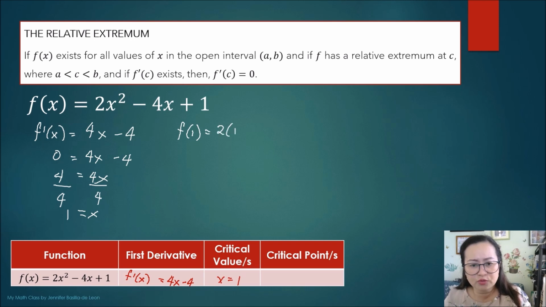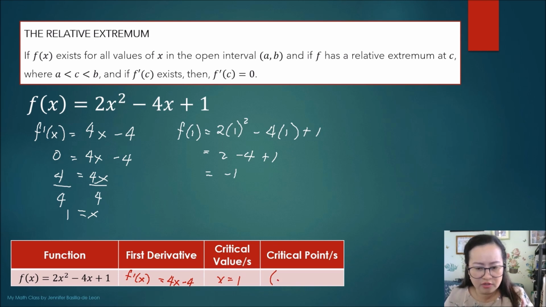So we will have 2 times 1 squared minus 4 times 1 plus 1. Simplifying this, we will have negative 1. So therefore, the critical point is (1, negative 1).